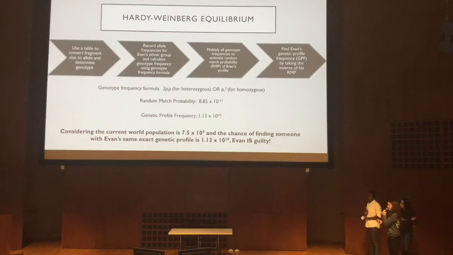You know that these are real values. And so, considering the current world's population is 7.5 times 10 to the 9th, as of last week, and the chance of finding someone who has Evan's same exact genetic profile is 1.13 times 10 to the 10th, Evan is guilty. So, there we go.